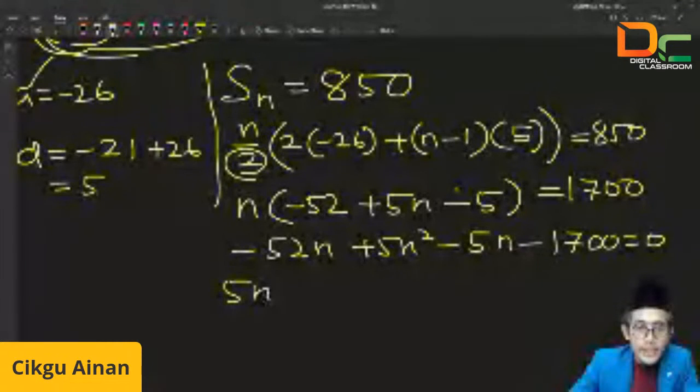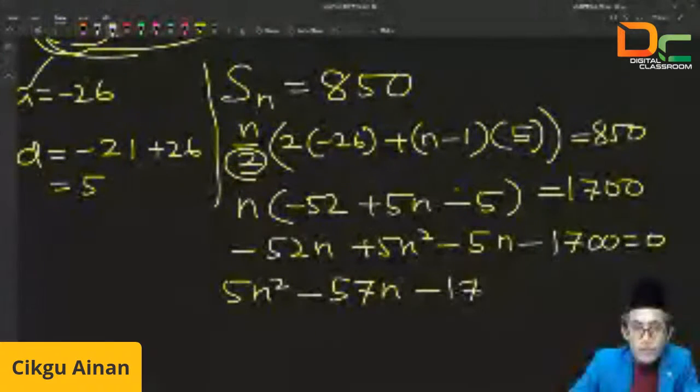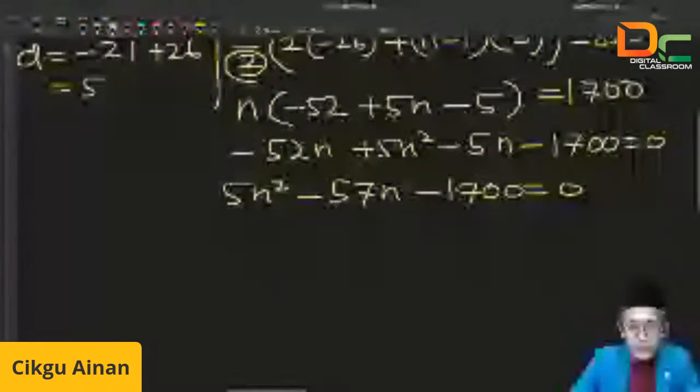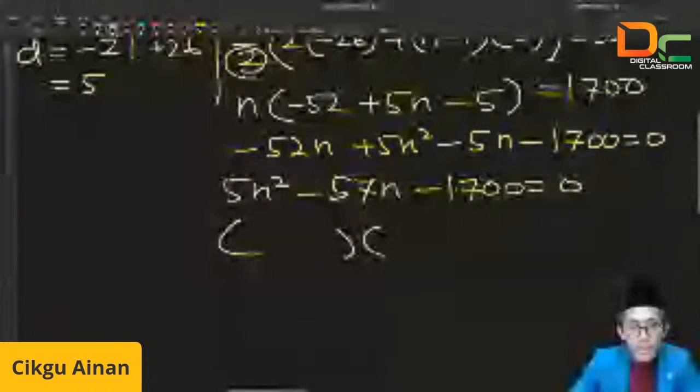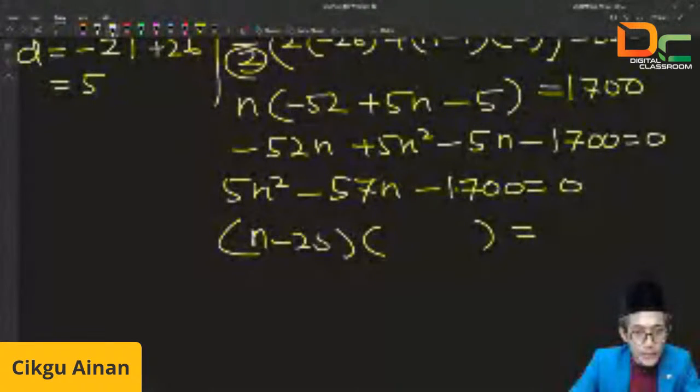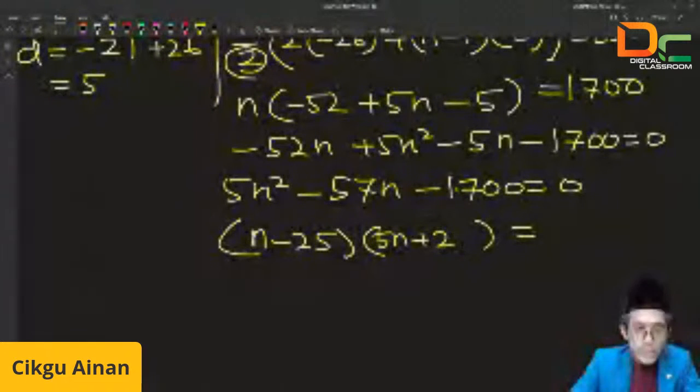So we rearrange them. This is your favorite, solving a quadratic equation by using the EQN mode. If you use it, you may get the factorization: n minus 25, 5n plus 68 equals 0.